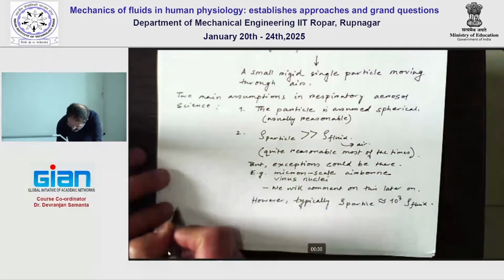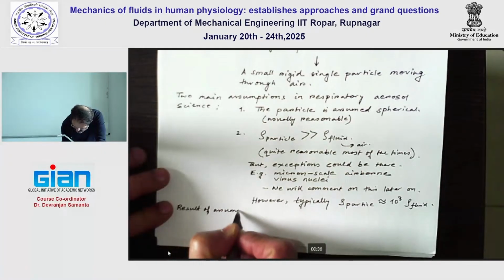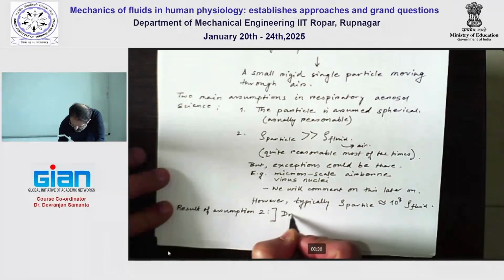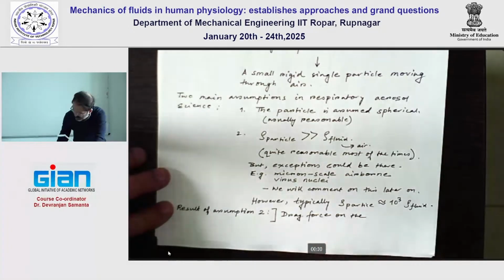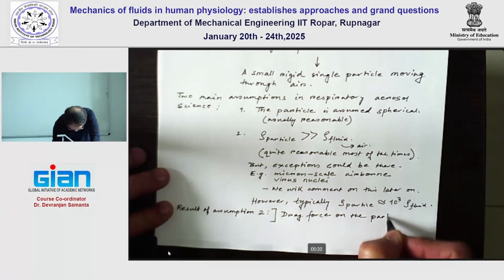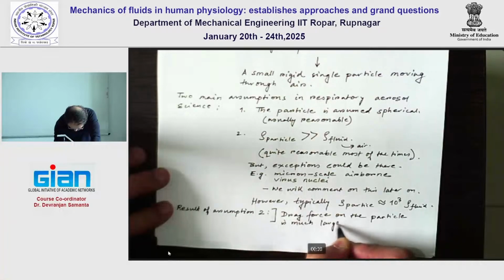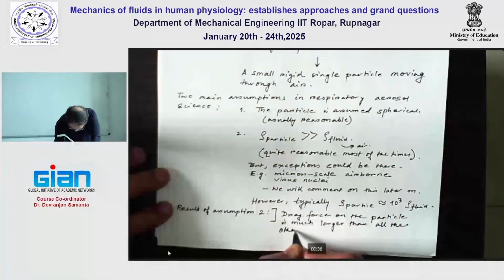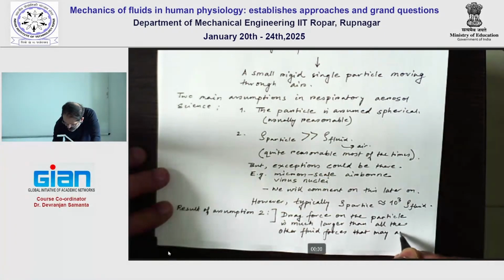So the result of assumption 2 is that the drag force on the particle is much larger than all the other fluid forces that may act on it.